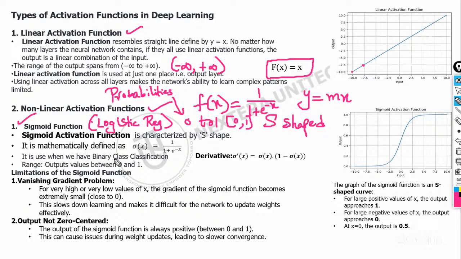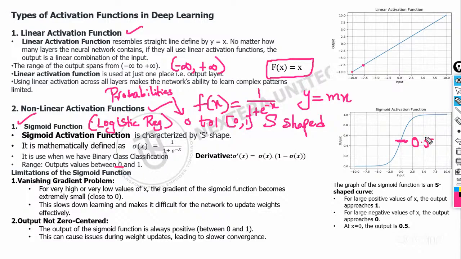How we use the sigmoid function for binary class classification is, you see this S-shaped curve, and if you take the threshold as 0.5, the default threshold, then if the probability value is less than 0.5, the output will be given as 0.